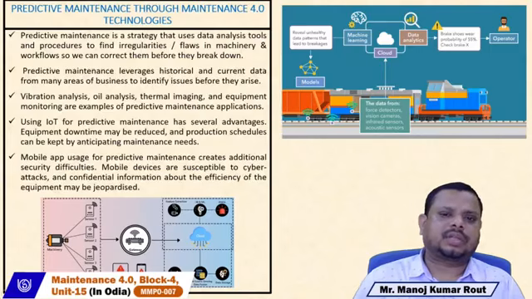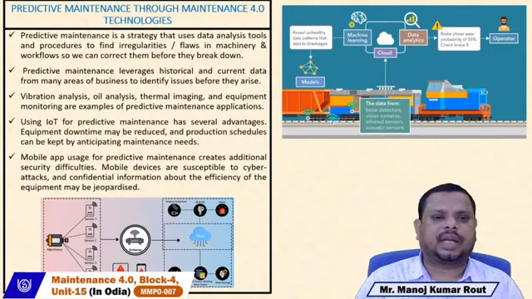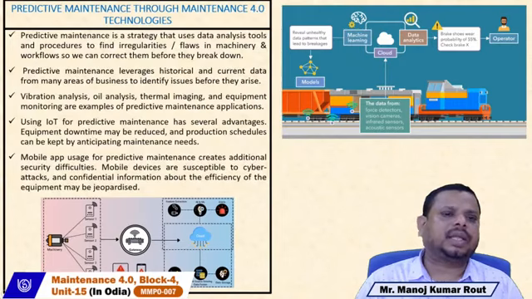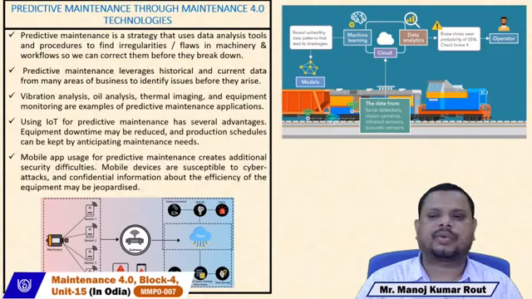With the help of these unveiled data patterns, that is, with the help of data analytics tools and procedures, they can easily identify the irregularities in the case of brake shoes. So immediately they understand the machine and workflow so that they can correct it before the breakdown occurs in the case of train trucks.